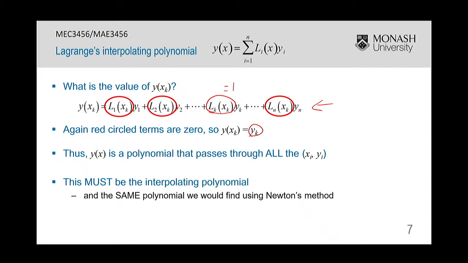And it must be the same interpolating polynomial as we would find using Newton's method. The main difference between the Lagrange method and Newton's method is, in Newton's method, either the matrix version or the divided difference version, we're trying to find a set of coefficients that we can then use to calculate the function value anywhere. With the Lagrange method, we never find any coefficients.